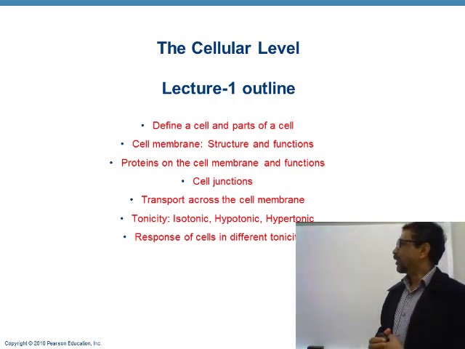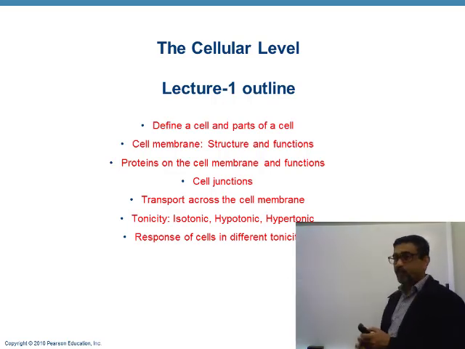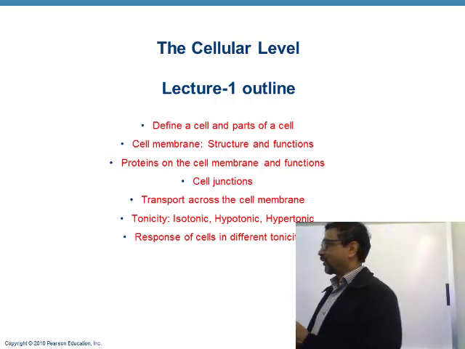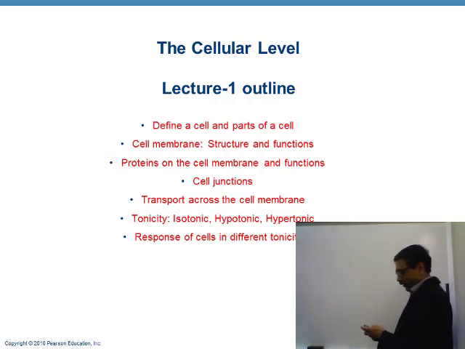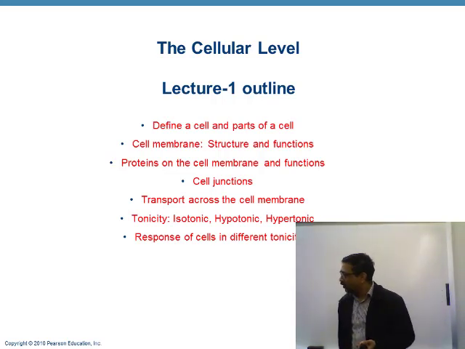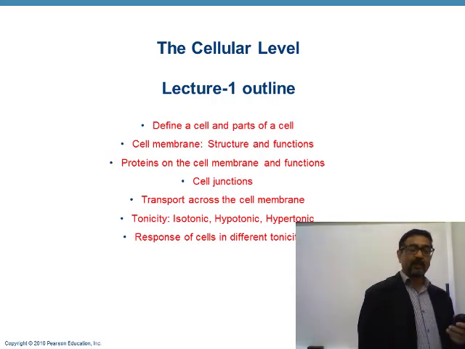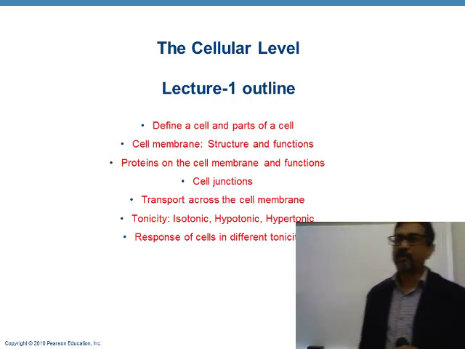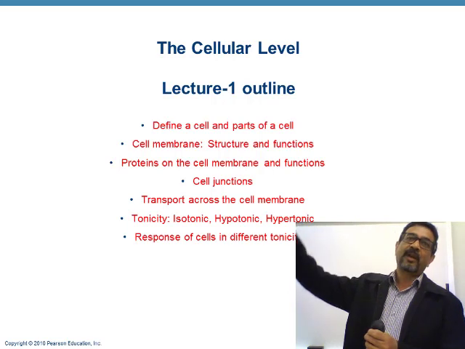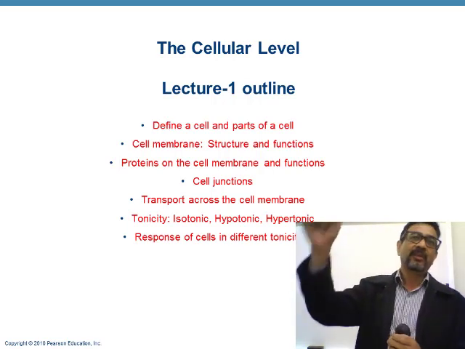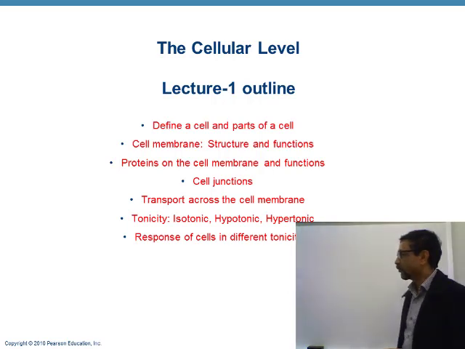So we'll see how transport occurs across the cell membrane. Then we'll see the response of a living cell in three different types of solution. If we put a living cell in isotonic, hypotonic and hypertonic solution, how will that cell respond?